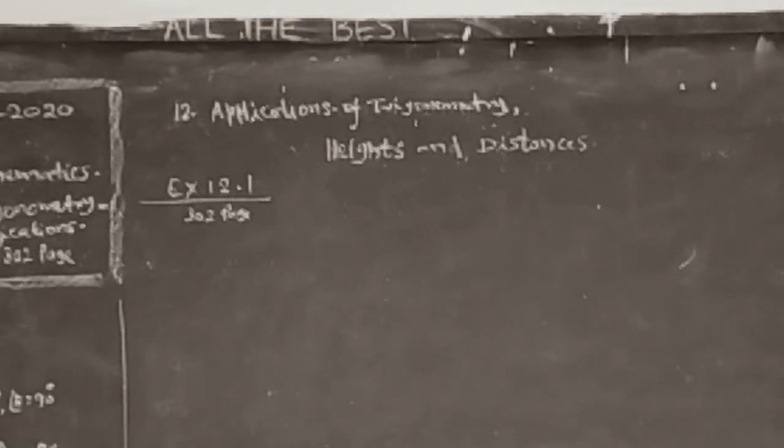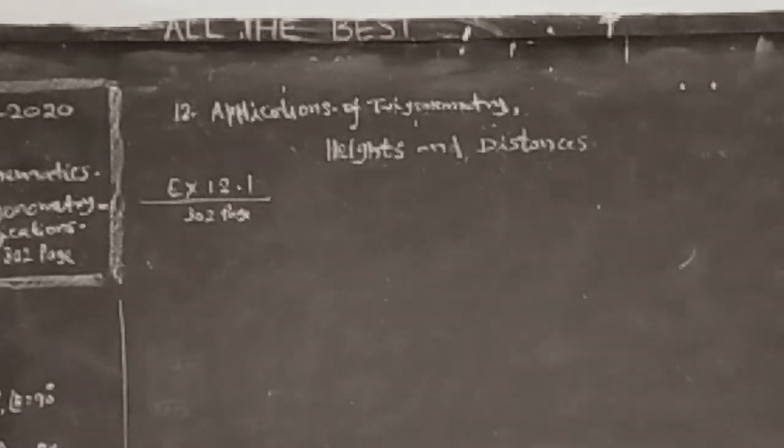Now I will read the second question. A tree was broken due to a storm and the broken part bends so that the top of the tree touches the ground, making a 30 degree angle with the ground.